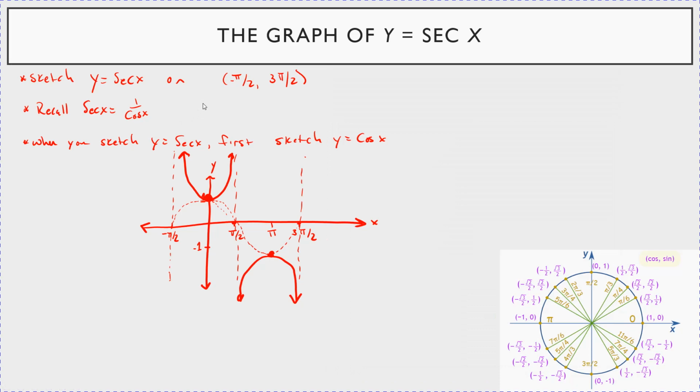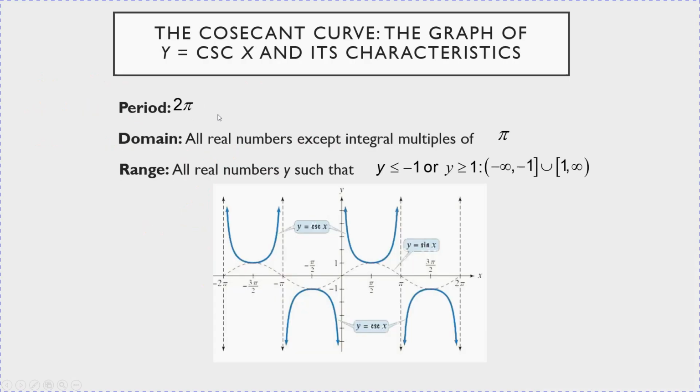Okay, let's talk now about the properties of each before we jump into some examples. So this is cosecant. Its period is every 2 pi, so it repeats itself every 2 pi. Its domain is all real numbers except integer multiples of pi.